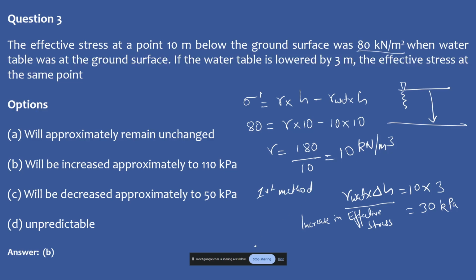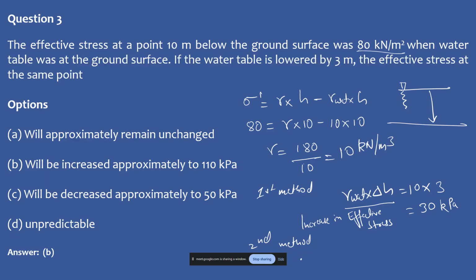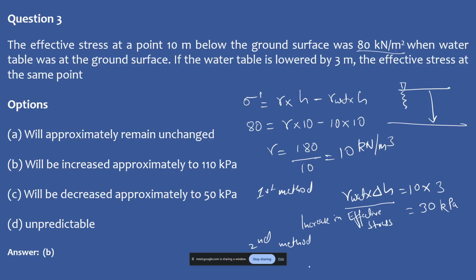Then the second method: you can go with the conventional manner again. Then you need to solve the linear simultaneous equations. In that case, your sigma dash, 10 meter below the ground surface, will be gamma into H again.